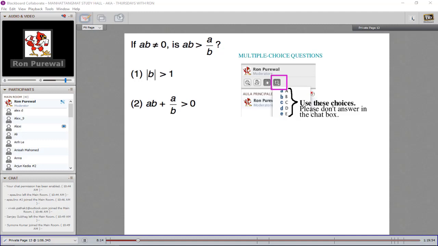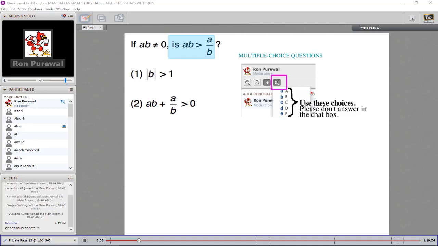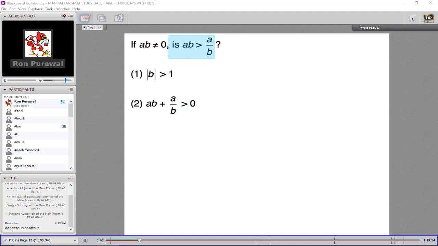Let's talk about it. We've had plenty of previous study hall sessions about the topic of goal setting in data sufficiency, but you have to make sure that you have the right goal, which in this case is that question. Dangerous shortcuts? Not sure what you're talking about, but okay.